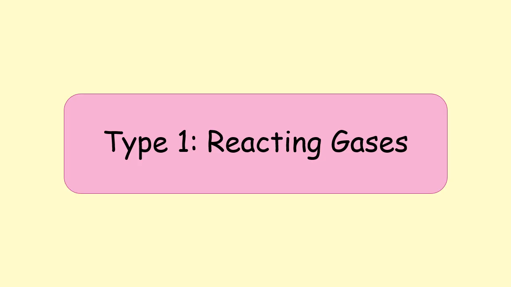So when it comes to our reacting gases, remember if chemicals are gases, they apply to the principle of molar volume, which is if you have the same number of moles, you have the same volume, which means you can apply the molar ratio to the volumes.